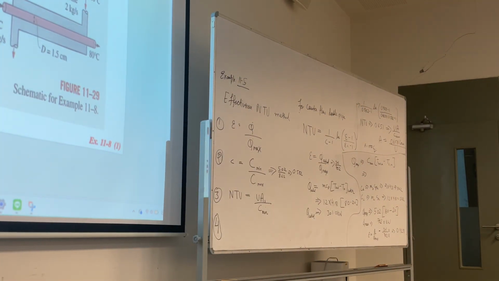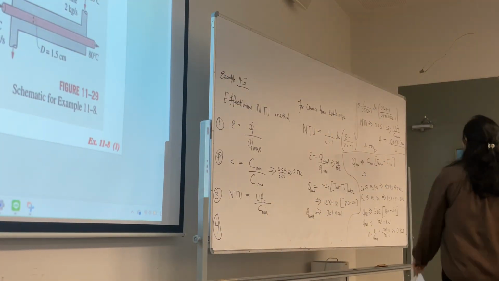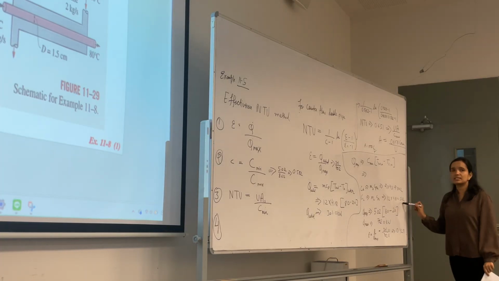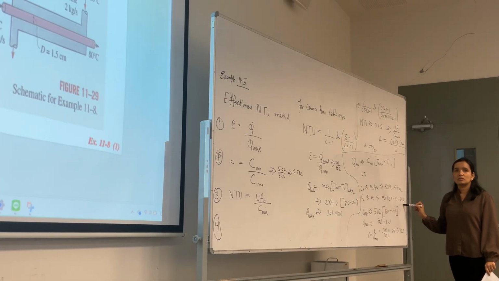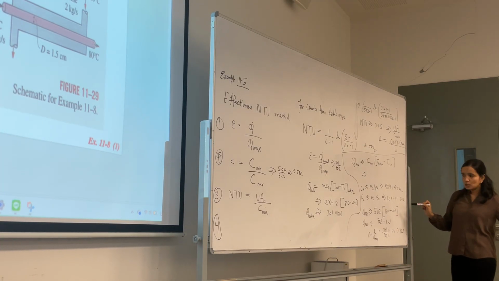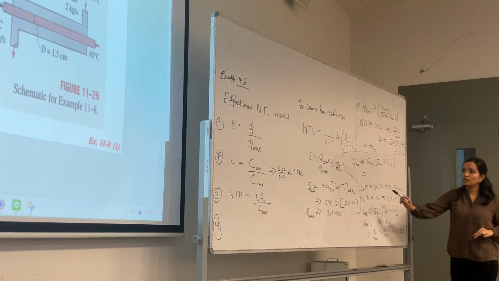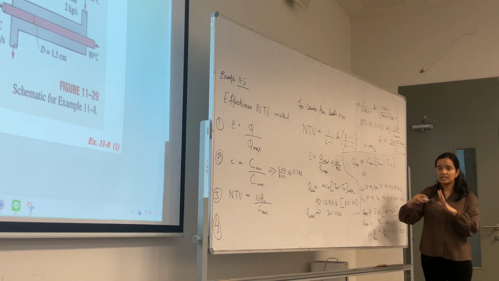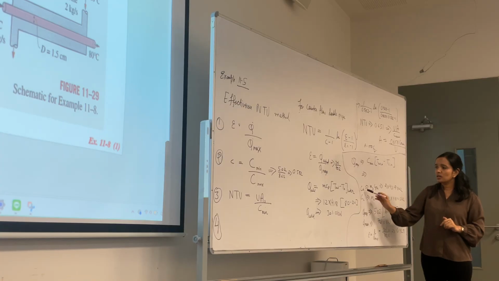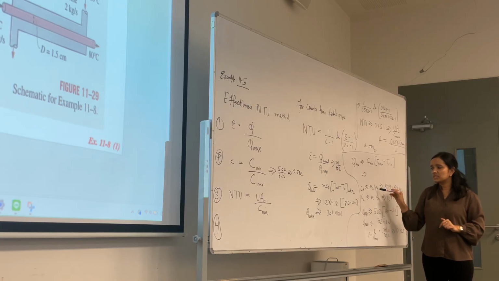Teacher, how do we know which one will be C min or C max? C min is whichever value is lower. This value is lower, so this is C min. So we have to find the value of C for two fluids. You always have two fluids, right? So calculate C, let's say hot and cold. For the hot, you use mass of hot and specific heat of hot.